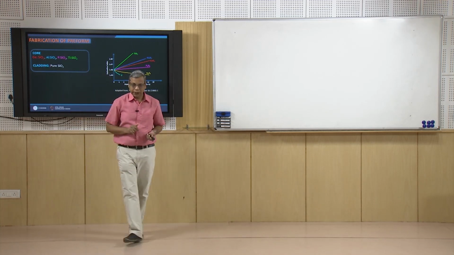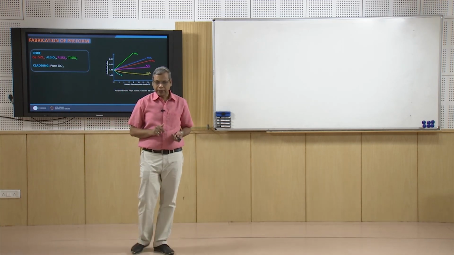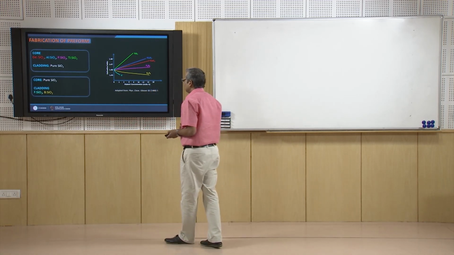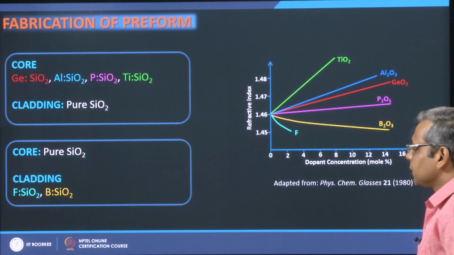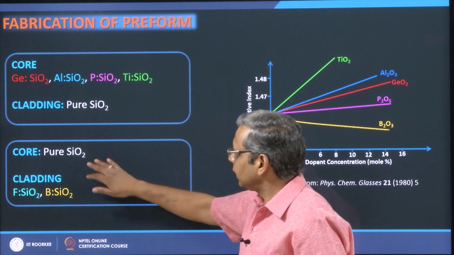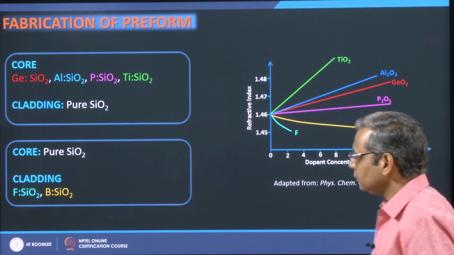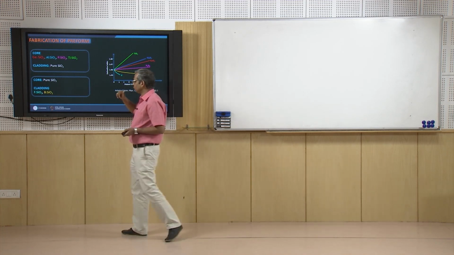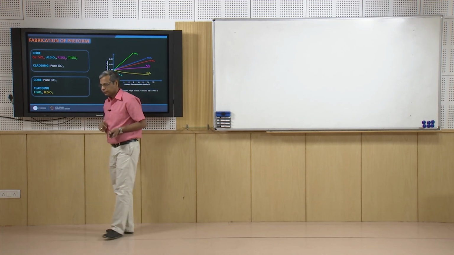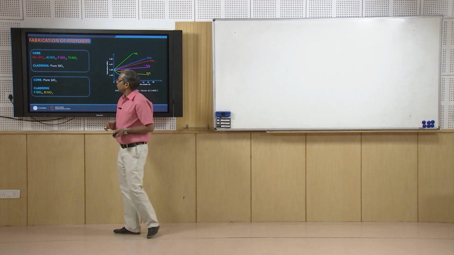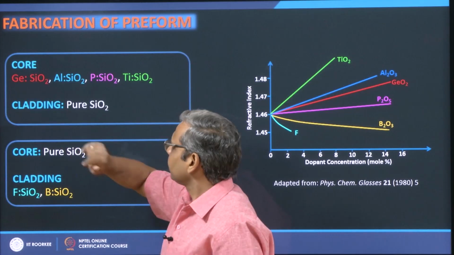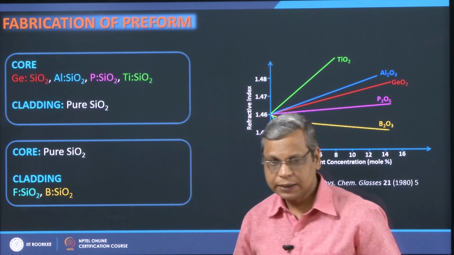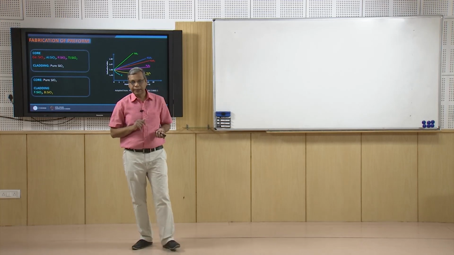You usually dope germanium to have high refractive index in the core region. Second possibility is that you use pure silica for core and cladding you make out of doped silica. So, you can either use fluorine or boron. So, this germanium doped core and pure silica cladding is the most commonly used telecom fiber.